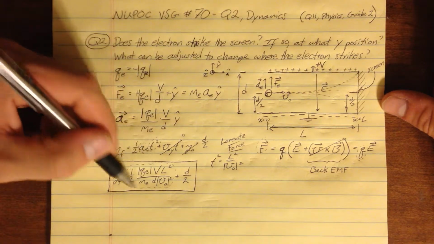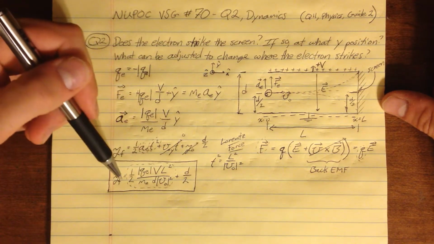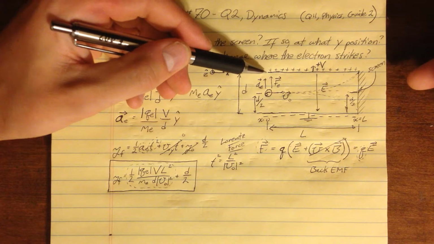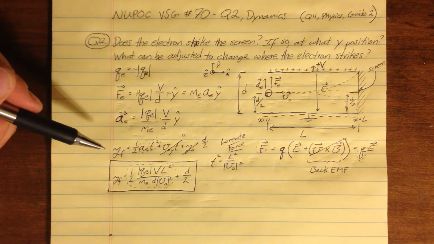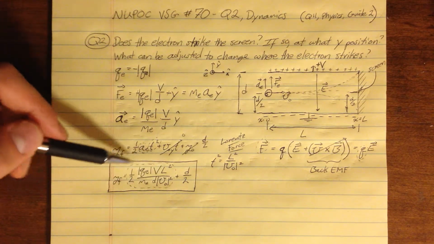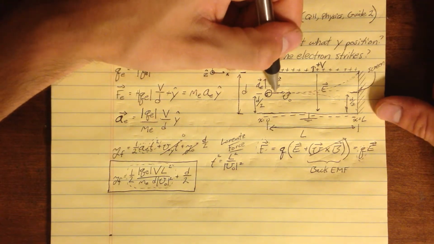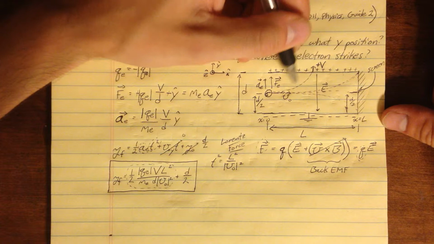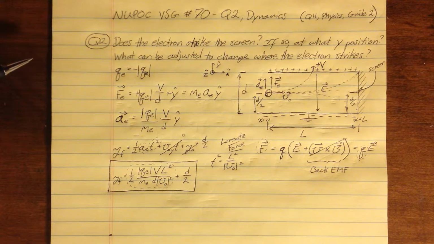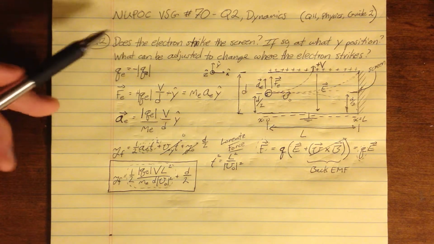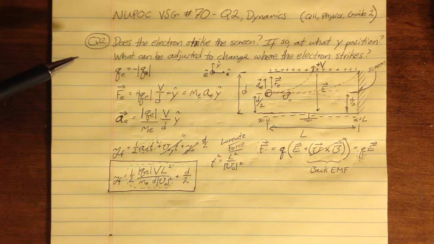So as long as this term is less than d over 2, then the final y position will be less than d and the electron will strike the screen. If the magnitude of this term is greater than d over 2, then the electron will end up striking one of these plates. So that answers the question of whether or not the electron even strikes the screen.